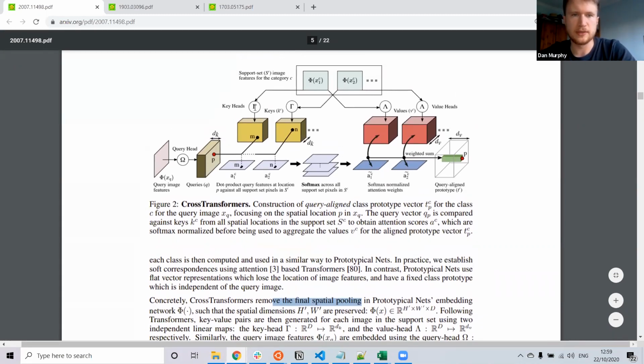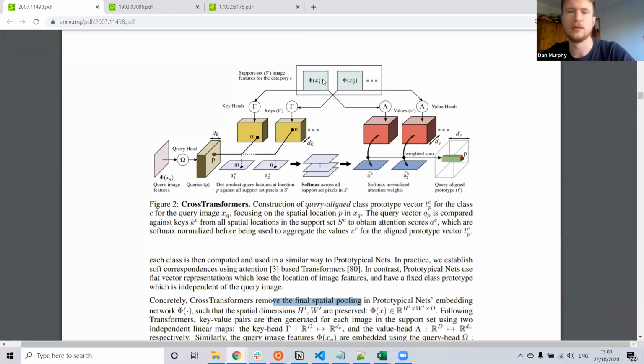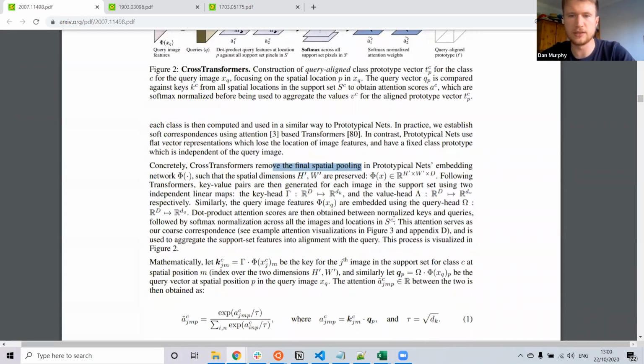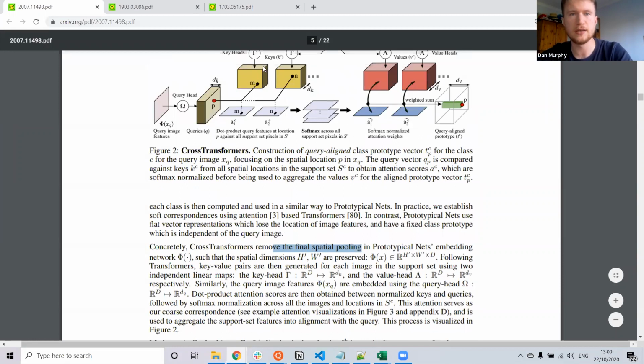So we have these linear maps here, this one and this one, and these two map from the support representation to a representation whose dimensions we can see here. This one is mapping from the support set representation to the representation here, to find the attention between a pixel, or not.